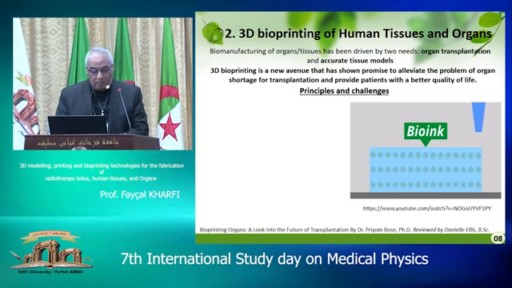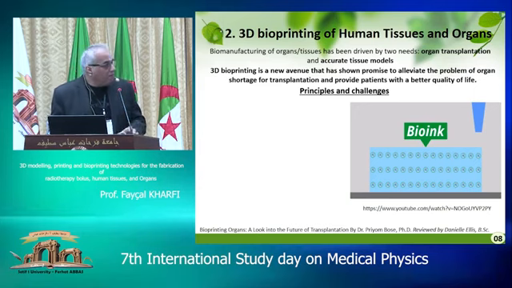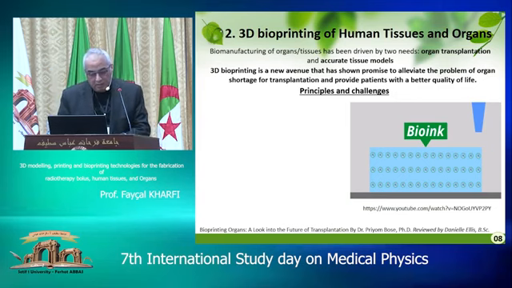So, concerning the challenges, bioprinting is now facing many challenges. I mention just here some of them. The first one concerns gas and nutrition exchange. The second one is about the biocompatibility of the ink that we are using.